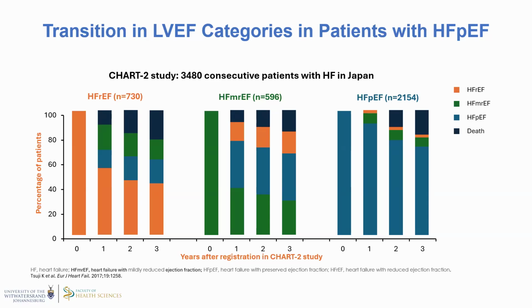As you can see there, from recruitment to 3 years, a significant proportion of patients with heart failure with a reduced ejection fraction transition to either HFpEF or heart failure with mildly reduced ejection fraction. So patients with HFpEF, as you can see, they transition, but to a lower extent than patients with HFrEF and heart failure with mildly reduced ejection fraction.